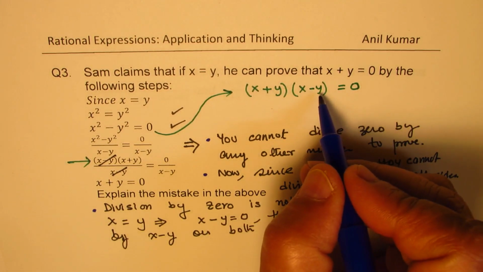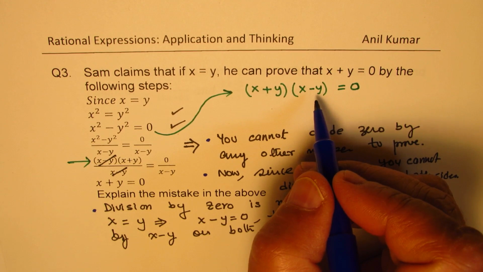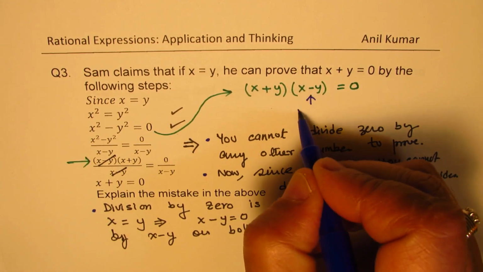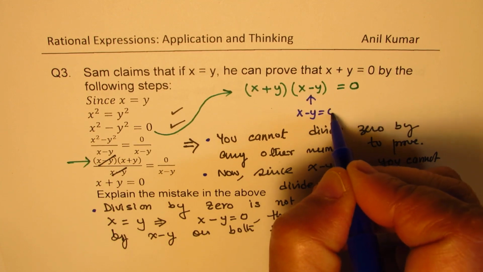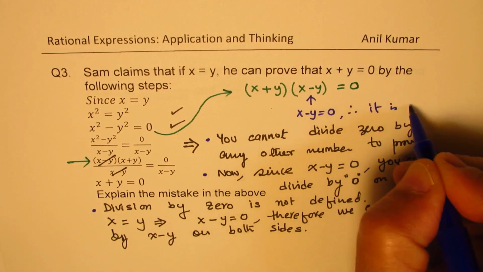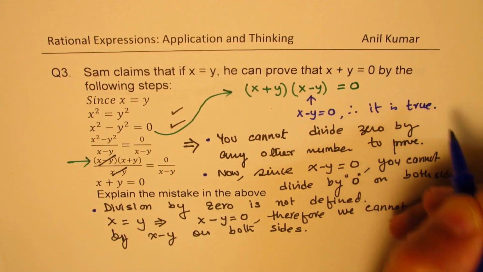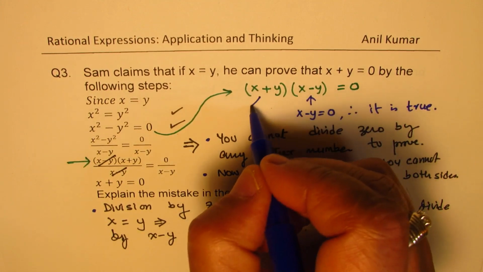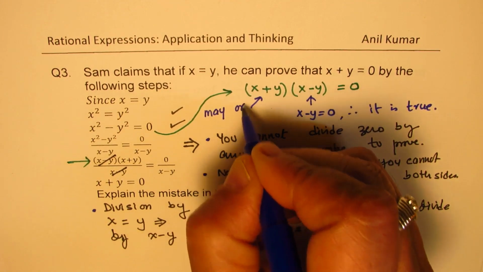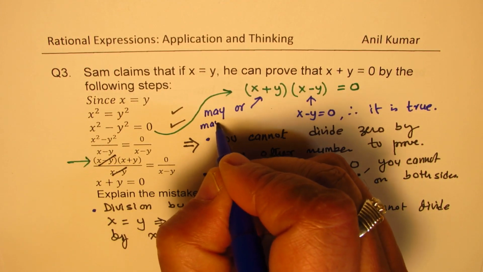Now, one of them could be 0 or both could be 0. That is possible. Now here, we know x minus y equals 0. Therefore, it is true. Correct? This may not be 0. x plus y may or may not be 0.